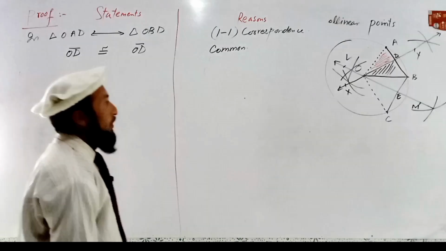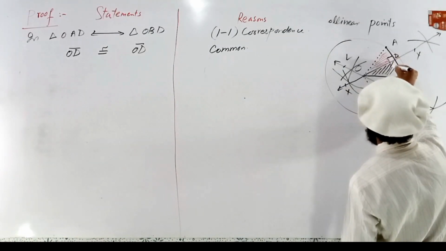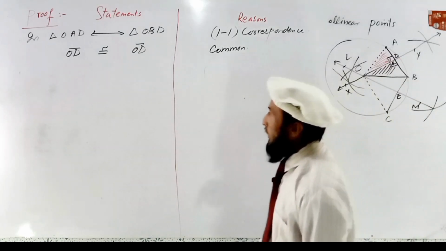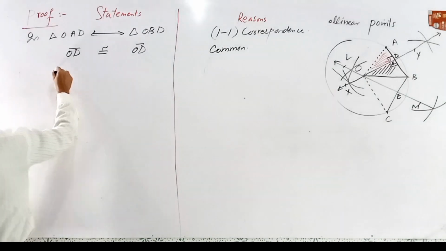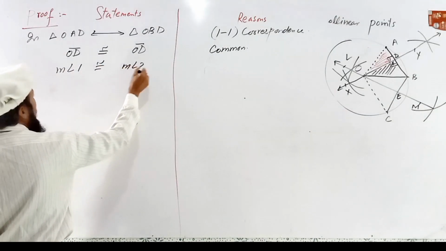Similarly, this is OD. This is the right bisector. It means that we can write here 1 and 2, give the name 1 and 2. We can write measurement angle 1 is also congruent to measurement angle 2.